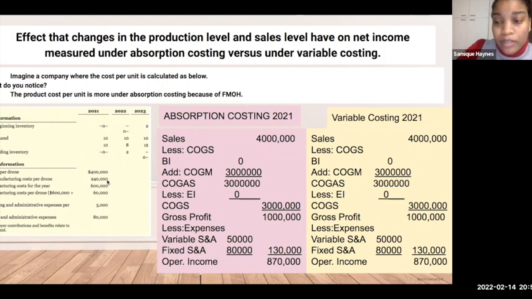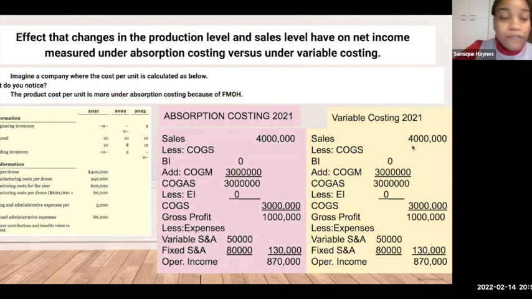No, my number is correct. Okay, so 3 million is the cost of goods manufactured. Makes sense? Good. Cost of goods available for sale is 3 million, less ending inventory is 0. Cost of goods sold is 3 million. Gross profit is 1 million. Variable and selling 130,000. Operating income is 870,000.